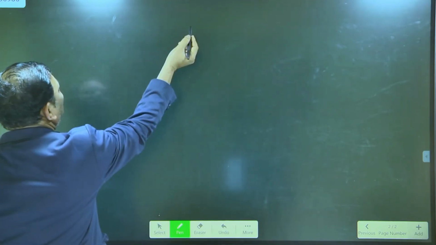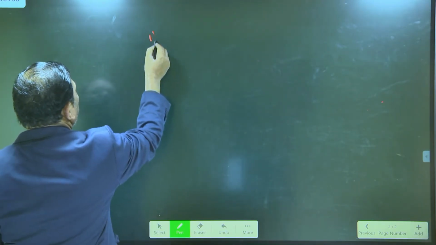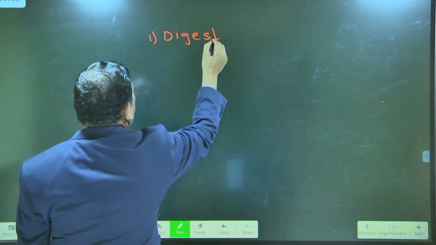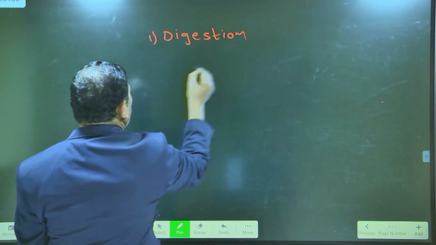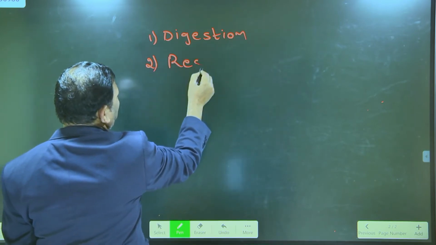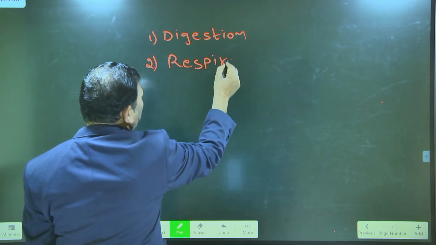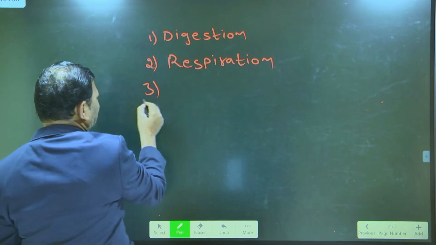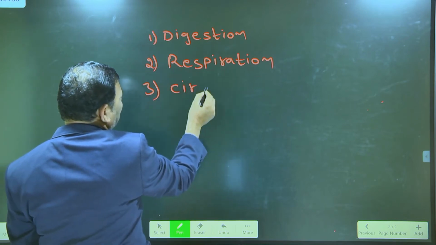For example, what are the examples of the life processes? First one is digestion. Second one is respiration. Third one is circulation.